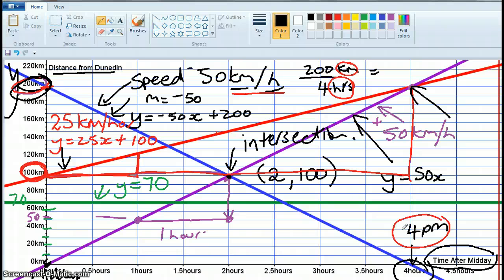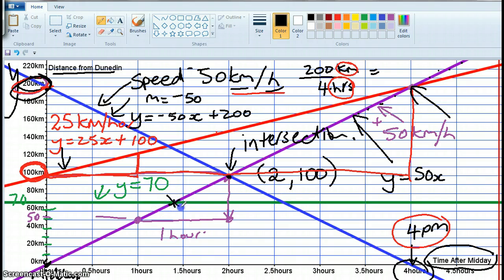The purple, steeper gradient, going faster. So which train overtook what? Purple overtook red. Okay? So this train was closer to Dunedin, now it's further away from Dunedin. Okay? This intersection, they were going in opposite directions.